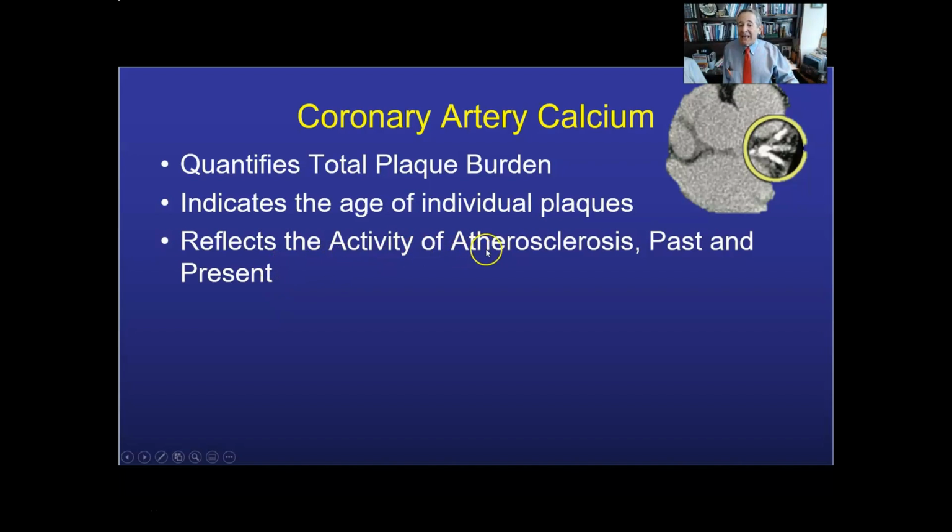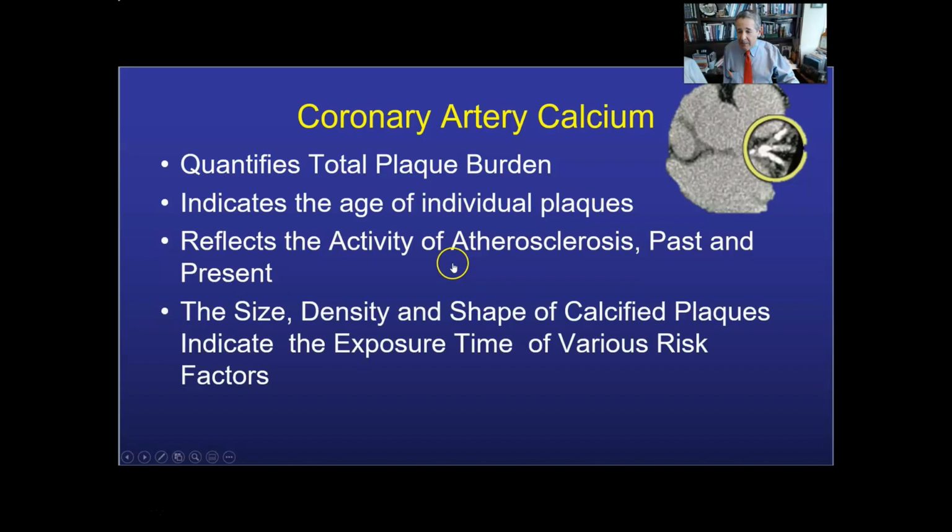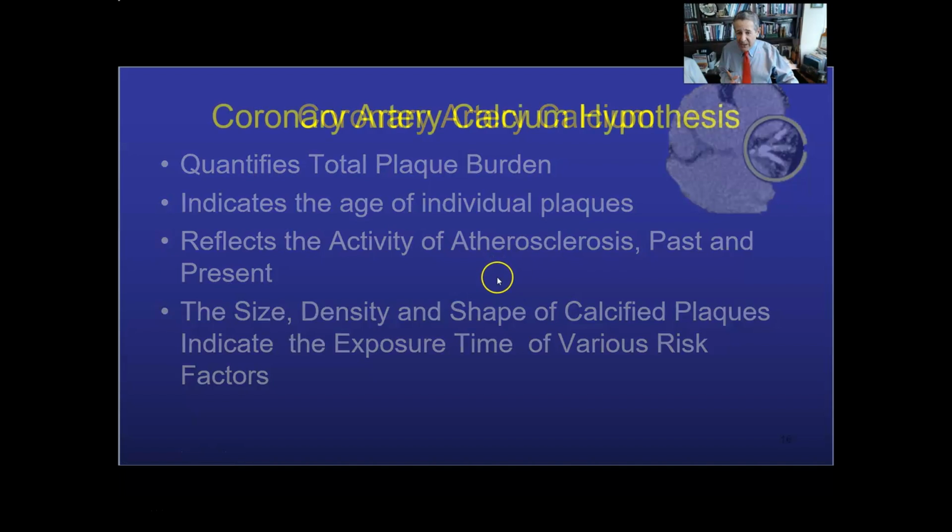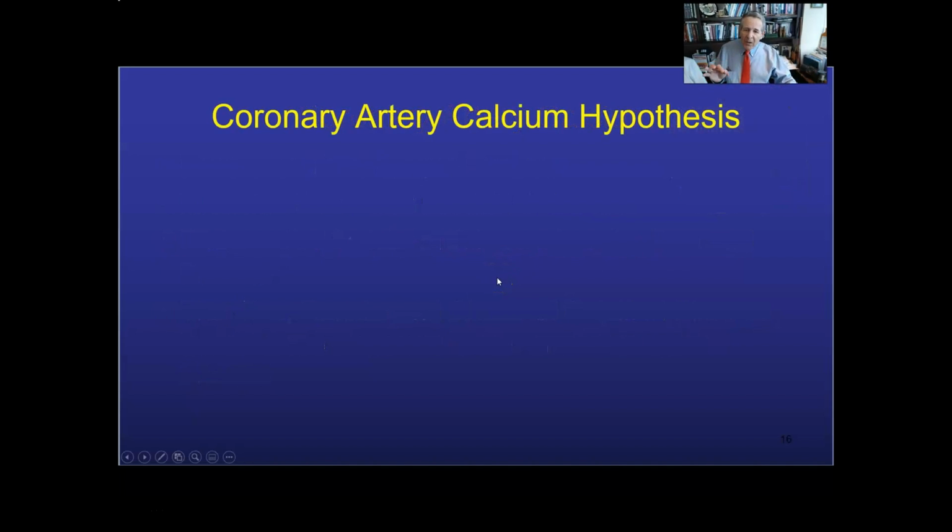It reflects the activity of atherosclerosis, past and present. And the size, density, and shape of calcified plaques indicate the exposure time of various risk factors. Often, all this information from the calcium score is not being used.